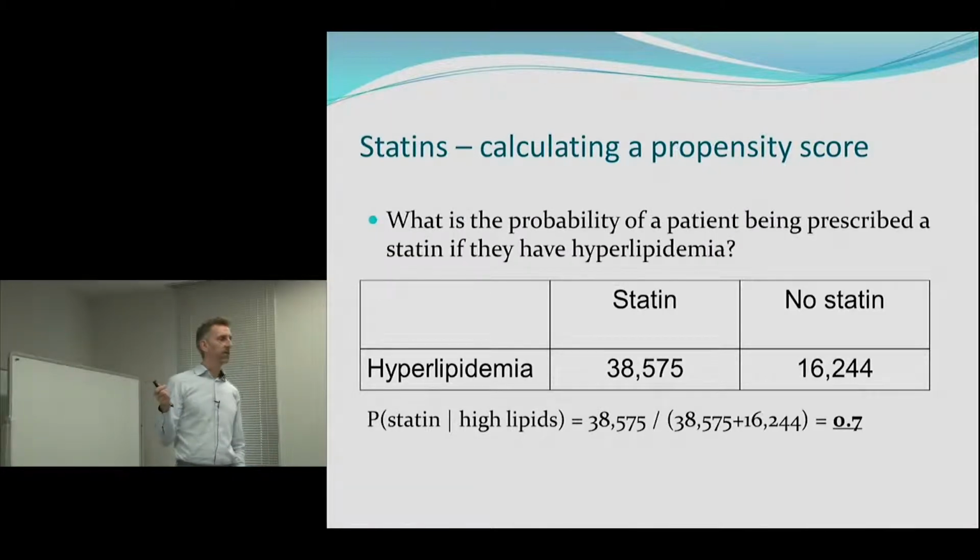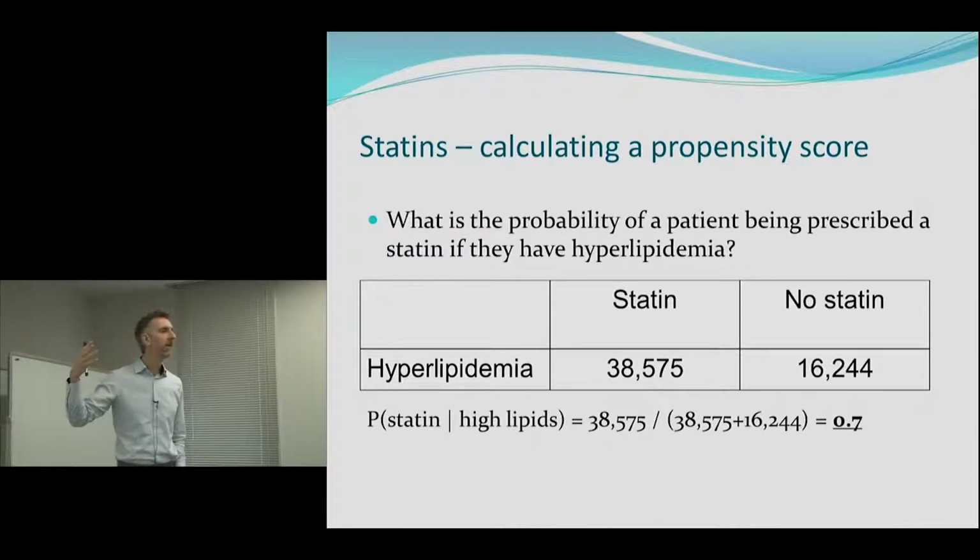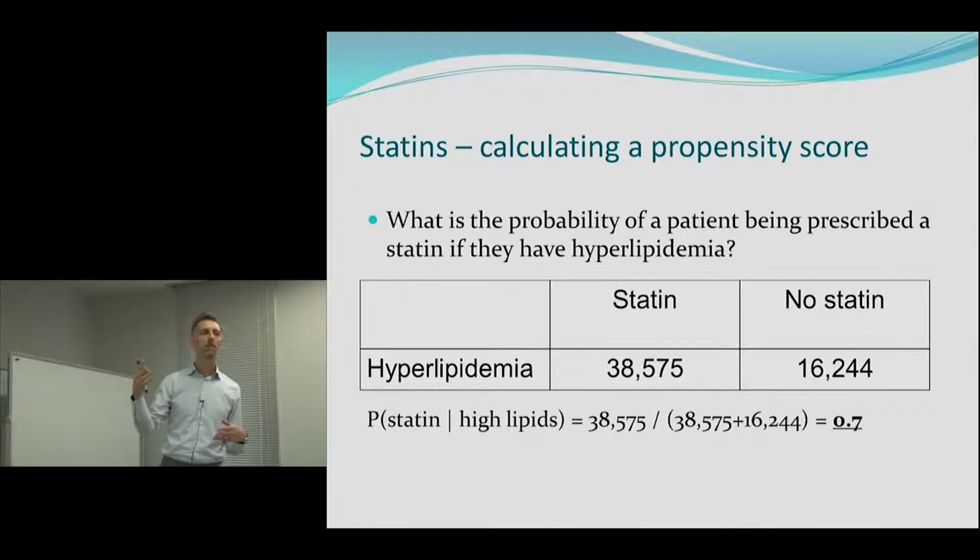If we imagined that having high lipids was the only factor in the world that influenced whether or not you got a statin, then we could very simply calculate the probability of being prescribed a statin if you have high lipids. If you imagine nothing else influences that decision, just having high lipids.